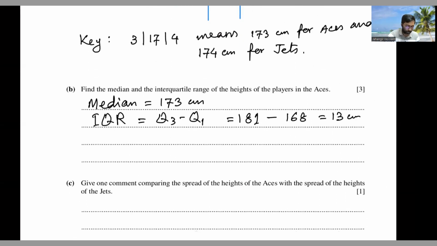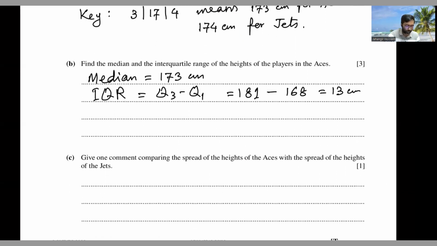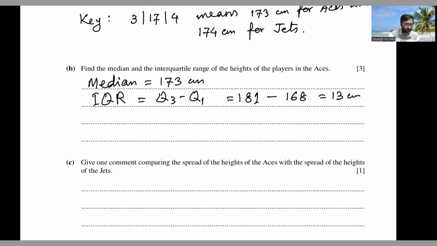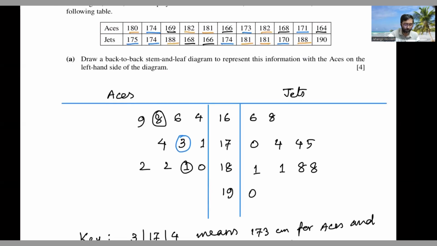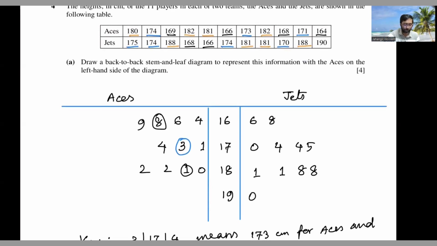Okay, the next part is C. They're asking us to give one comment comparing the spread of heights of the Aces to the spread of heights of the Jets. If we consider the shortest and tallest, for Aces it is 164 and 182.